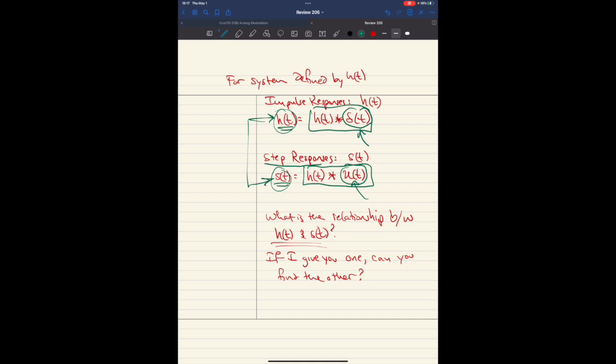So the question is, what is the relationship between h of t and s of t? If you can figure this out, you're going to do really well on the exam, let me tell you. You need to have this going into the exam tomorrow. If you don't, you're going to be very sad, okay? So if I give you an h of t, can you give me s of t? If I give you s of t, could you give me h of t? Your answer should be yes. And if it's not, you need to make sure tonight that you review how to do that.